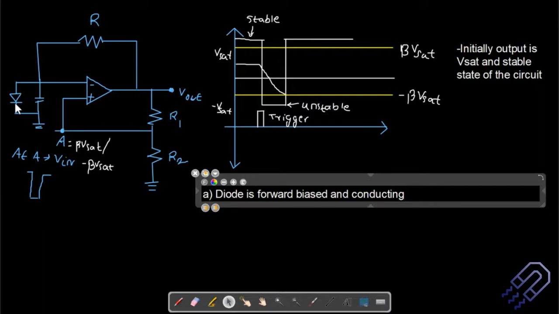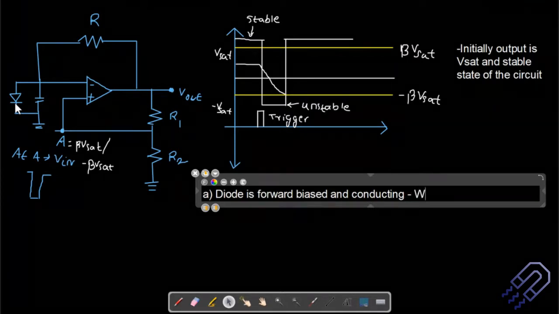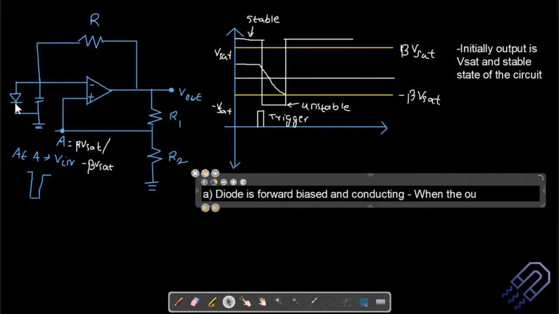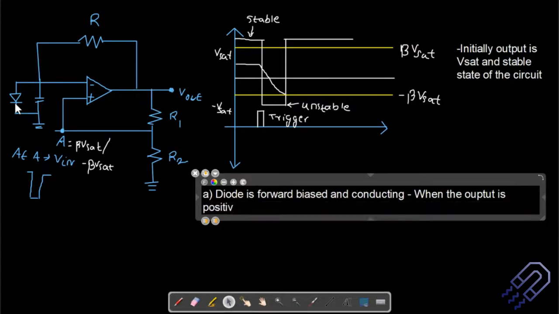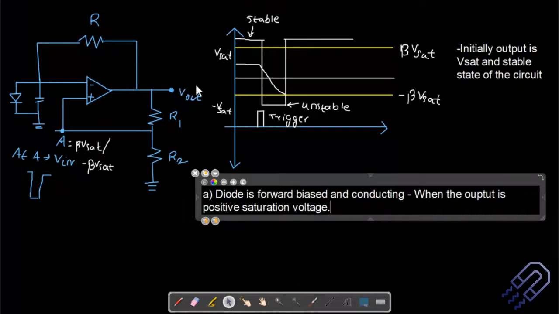So when we get that diode in forward bias, the output is positive saturation voltage. If we have V out as a positive saturation voltage, which has a positive value, we are saying that at this point we are applying forward biasing to the diode.